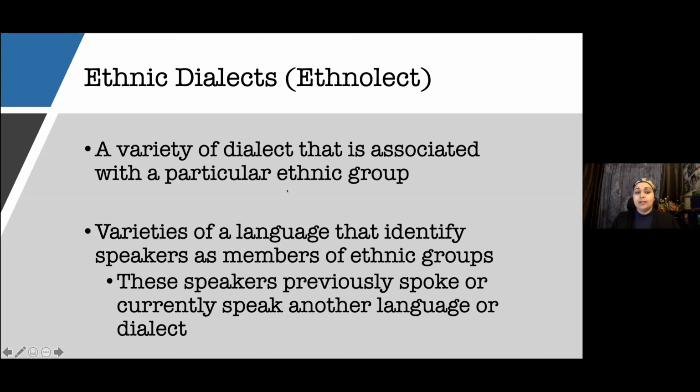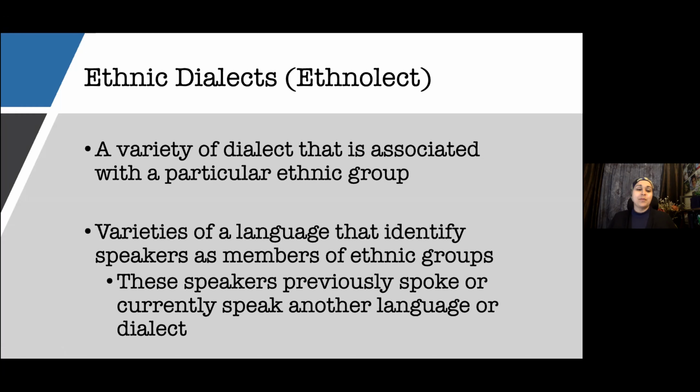Okay. So ethnic dialects are varieties of language that identify speakers as members of a specific ethnic group. I'm Egyptian. There are certain varieties in language, certain ways that we say things that are considered Arabic English or Egyptian English. And when I say Egyptian, because Arabic is such a broad term, just like Spanish is such a broad term, and there are so many dialects within that.